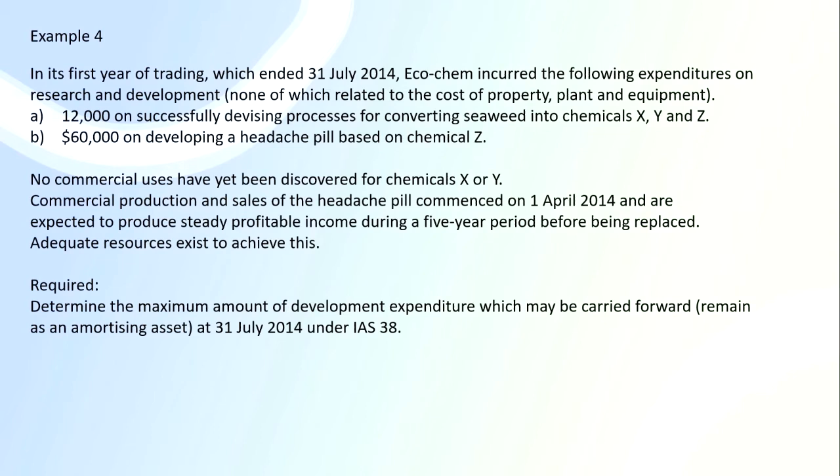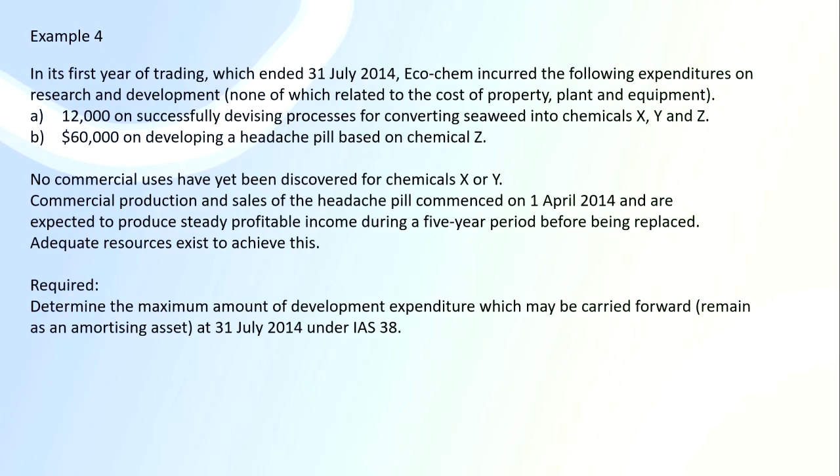The information given here is that no commercial use has yet been discovered for chemical X or Y. Commercial production and sale of the headache pill commence on 1 April 2014 and are expected to produce steady profitable income during a 5-year period before being replaced. Adequate resources exist to achieve this.